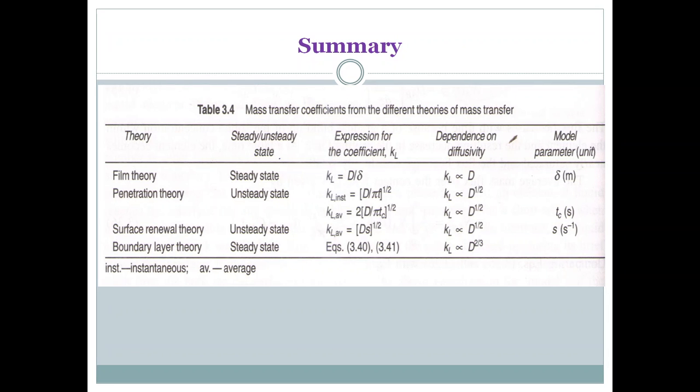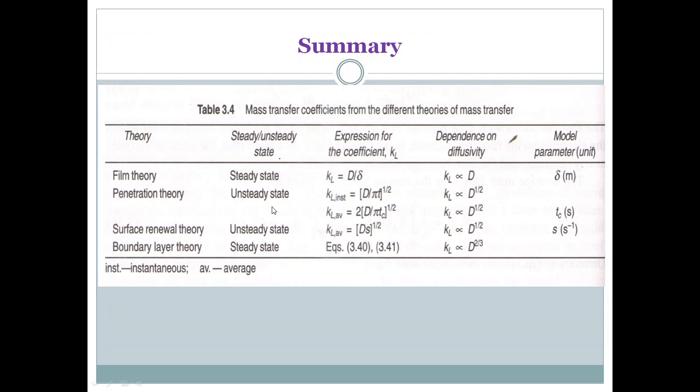So in summary, if you take these theories of mass transfer and what the coefficients are: Film theory, under steady state, KL was DAB by delta, so KL is directly proportional to DAB, and the model parameter is delta.